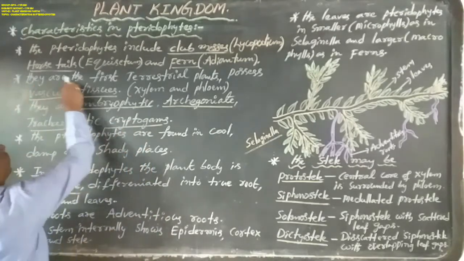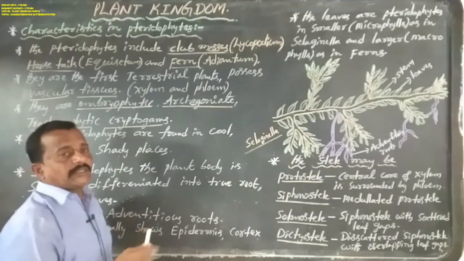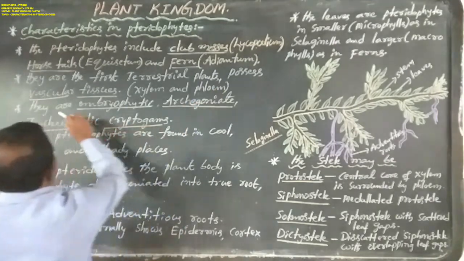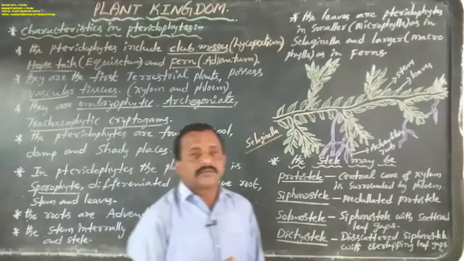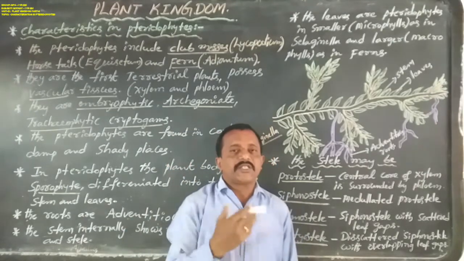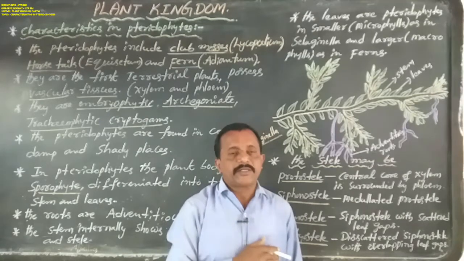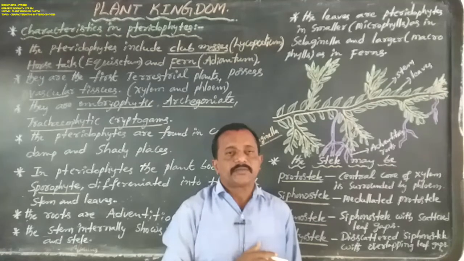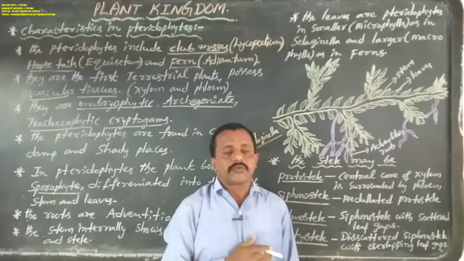They are the first land plants, or first soil plants, and possess the first vascular tissues, such as xylem and phloem. Before, in bryophytes, the plant body is totally made up of parenchymatous tissues, and all functions are carried out by parenchymatous tissues.